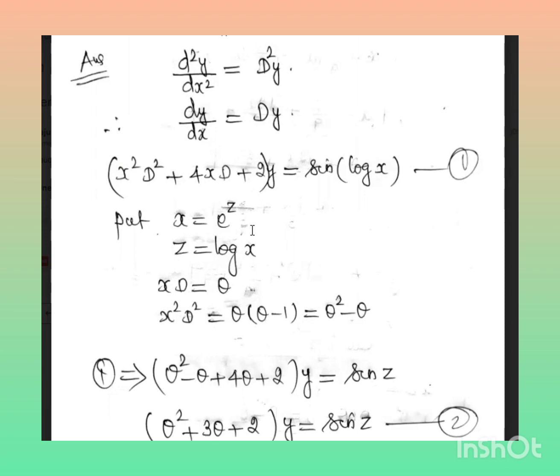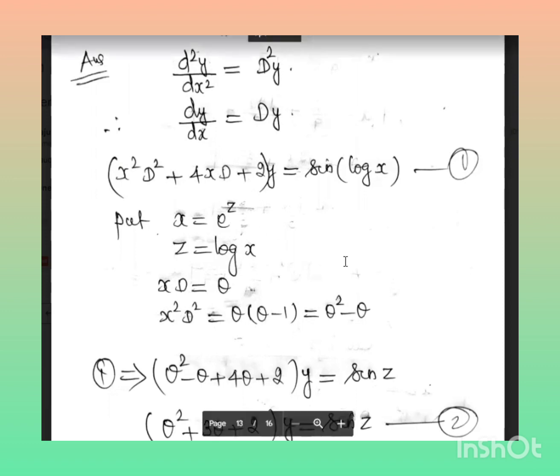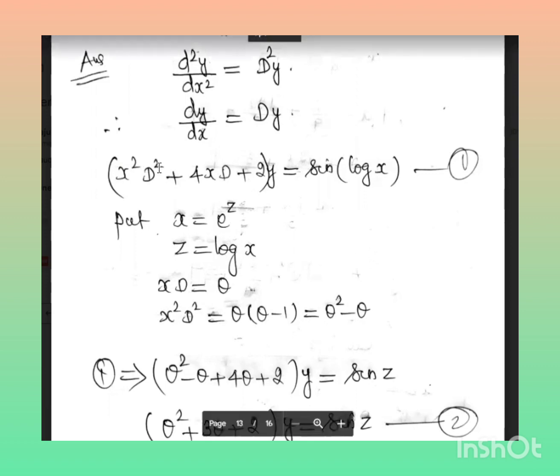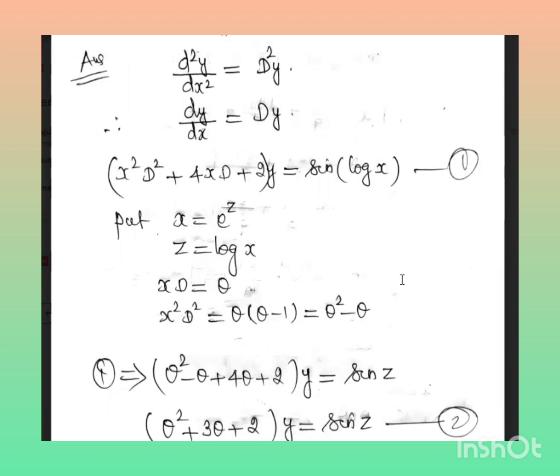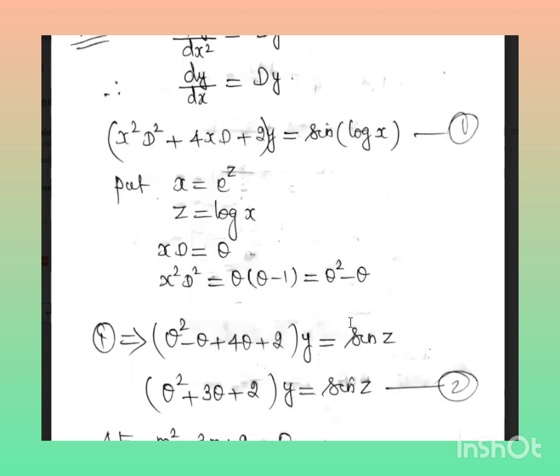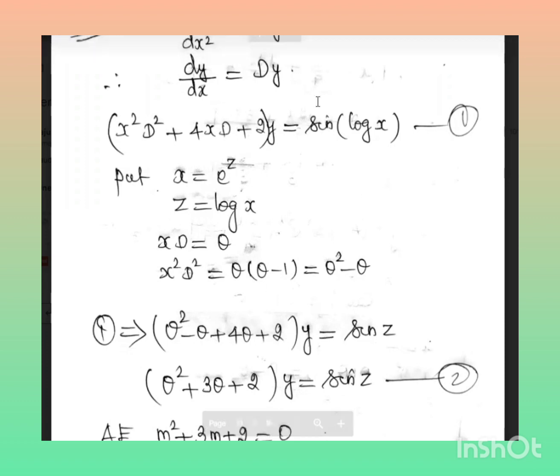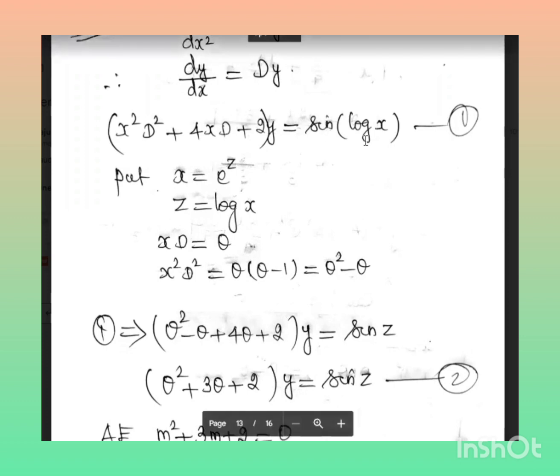So substitute all these points in equation number 1. First term is x square D square, which is theta square minus theta. So equation number 1 can be written as theta square minus theta plus 4, since xD is equal to theta, so 4 theta, plus 2 into y is equal to sine of log x.